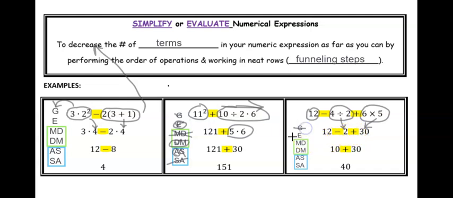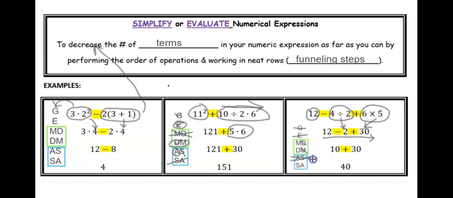There were no exponents. We had division and multiplication, but the division was within itself, so we took care of the division, then the multiplication, and now we're here at addition subtraction. When we look, we need to go left to right. So this says subtract first, add second.